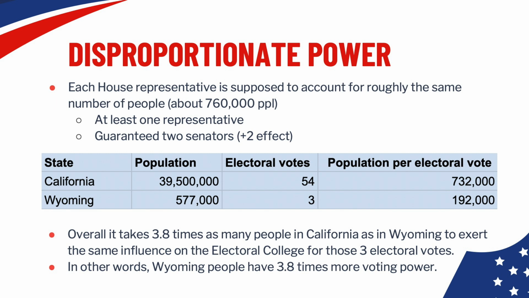We can see here that the number of people per electoral vote in California is nearly 730,000 compared to 192,000 in Wyoming. This essentially means that people in Wyoming have 3.8 times as much voting power as people in California.